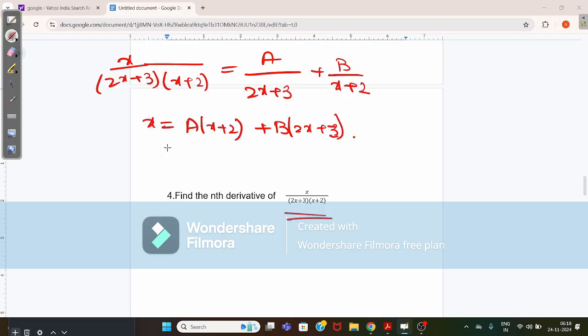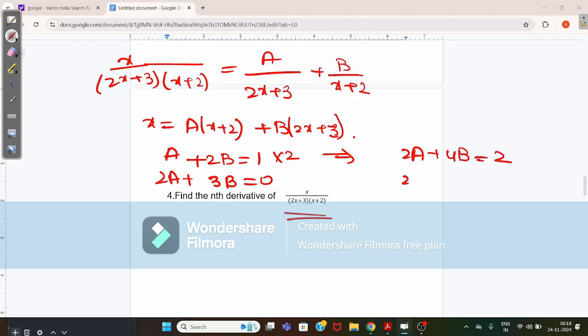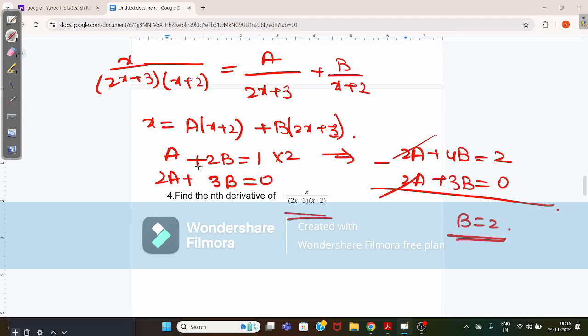From this we get the value a plus 2b is equal to 1 and 2a plus 3b is equal to 0 here, so multiply it by 2, which gives 2a plus 4b is equal to 2 and 2a plus 3b is equal to 0. Okay, so subtract it, a gets cancelled, and b is equal to 2. We got the value b is equal to 2 and substitute in this, gives a plus 4 is equal to 1. So the value of a is minus 3, and put these two values in this. So what we get here is minus 3 and 2.